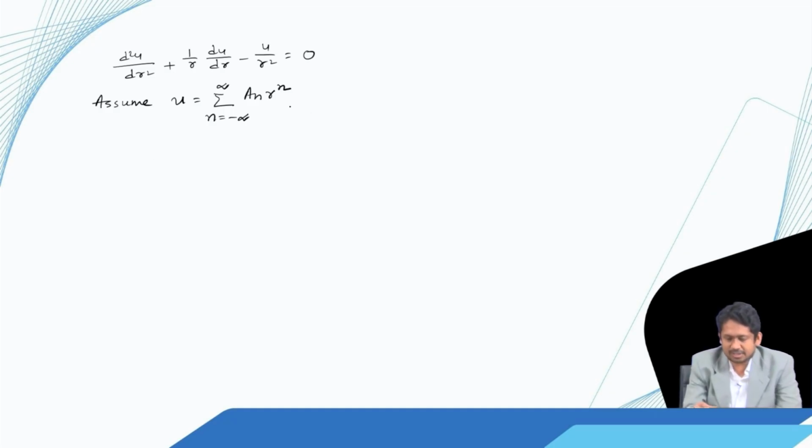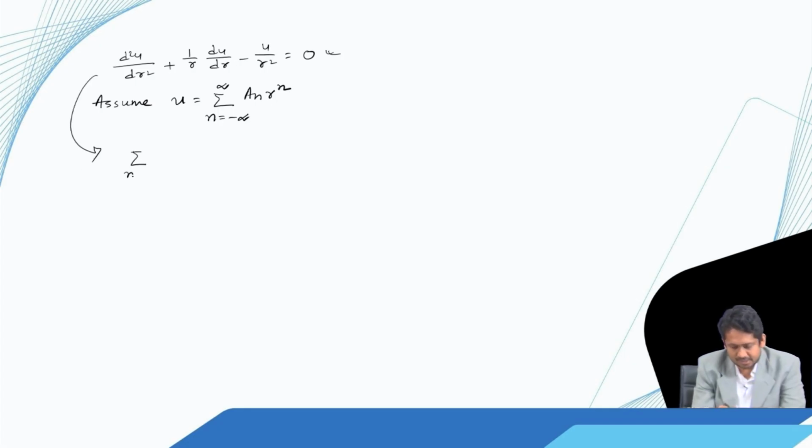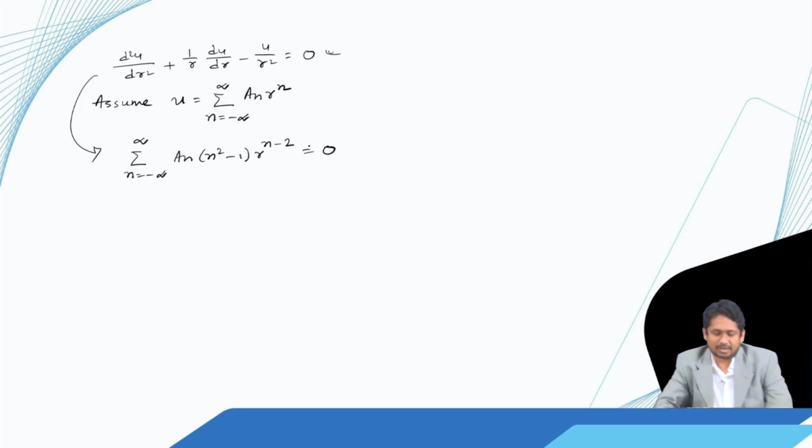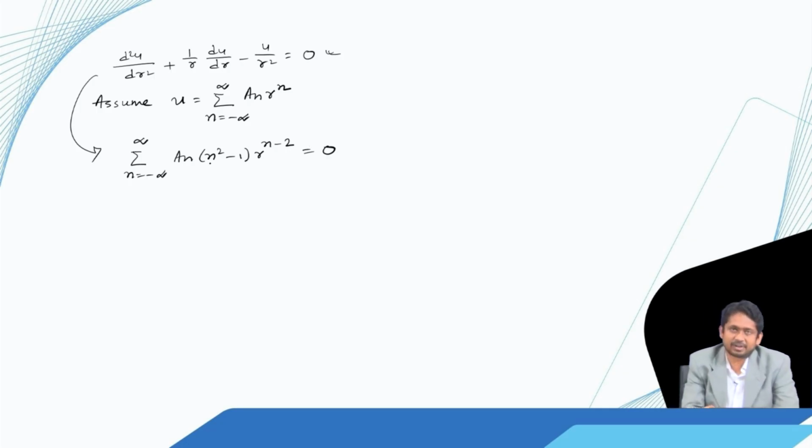Now, if we put this approximation in this equation, then this equation turns out to be just this: sum n from minus infinity to infinity, a n, n square minus 1, then r to the power n minus 2 equal to 0. Here we can see that except for n equal to 1 and n equal to minus 1, this term is non-zero.